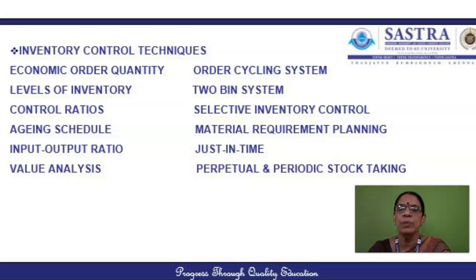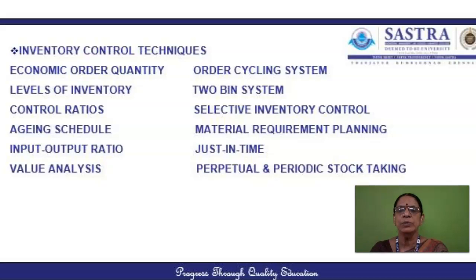First is the economic ordering quantity, then determination of the levels of stock, inventory control ratios and indexes, aging schedule of inventory, input-output ratio analysis, perpetual periodic stock taking systems, order cycling system, two-bin system, selective control system, then material requirement planning, just-in-time and value analysis.